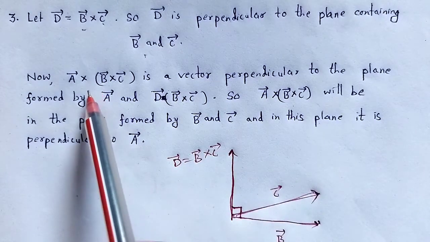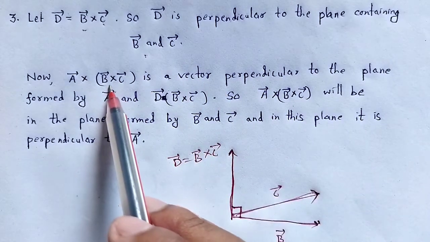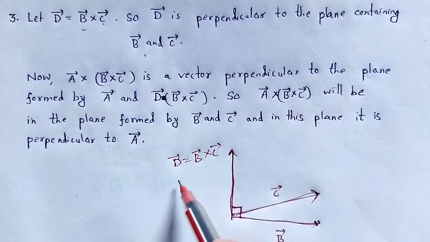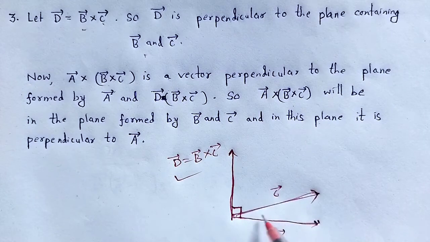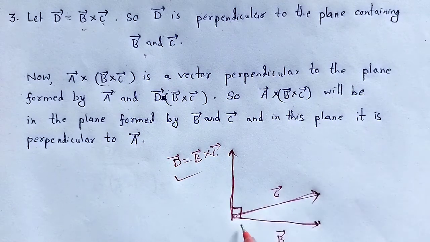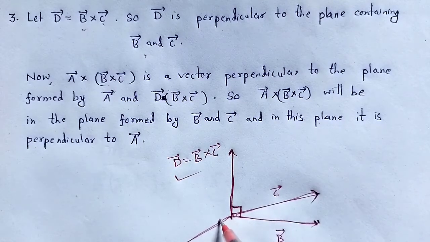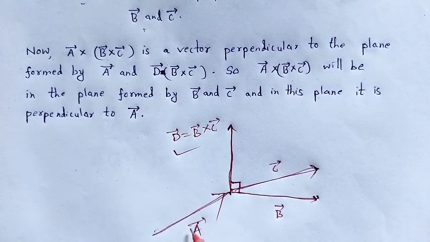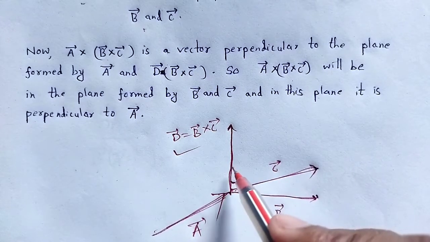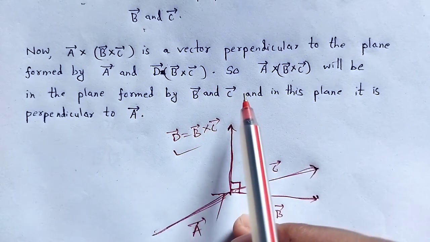Now another vector, A vector, is cross product with B cross C, and the result is D vector, which is perpendicular to the plane containing B and C. Again, A vector is cross product with D vector, then the result is a vector.